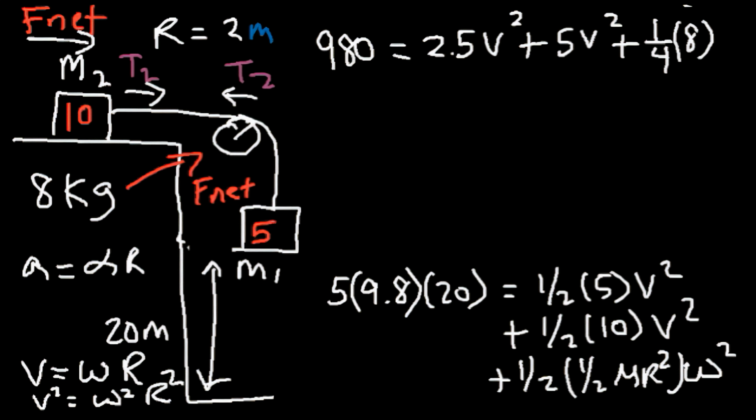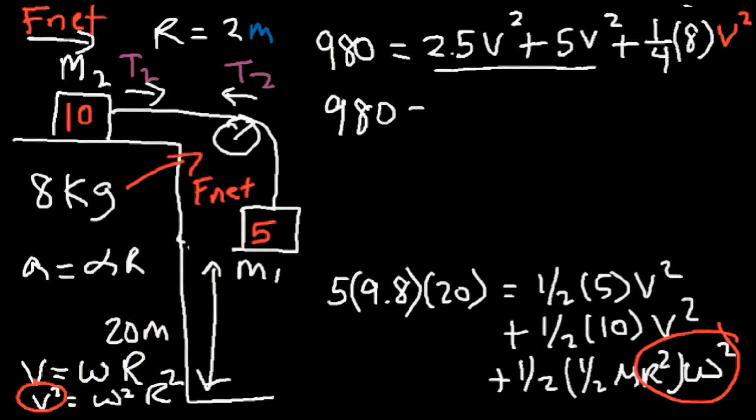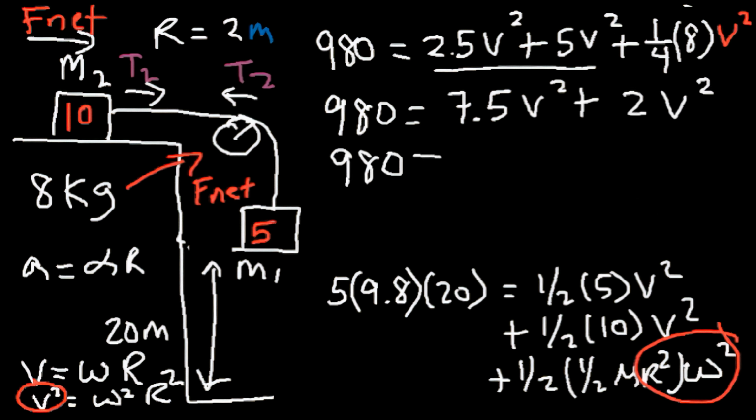And r squared omega squared, we're going to replace it with v squared. So 2.5 plus 5 is equal to 7.5 v squared. 8 divided by 4 is 2. And 2 plus 7.5 is 9.5.